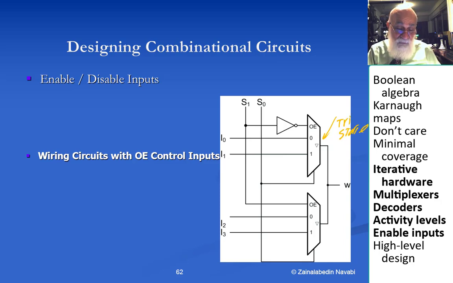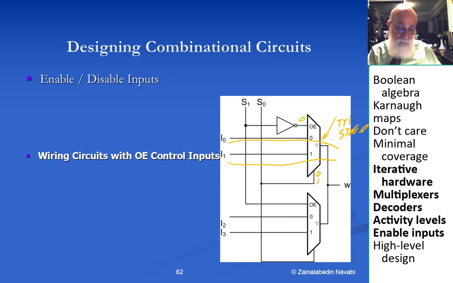If the output enable is 0, the output is tri-state, that means it is Z. If the output enable is 1, then the output follows what it's supposed to be, which is, in this case, if S1, S0 is, in the upper, if S0 is a 0, I0 will go through. If it's a 1, I1 will go through.